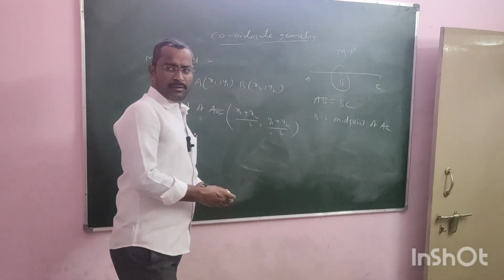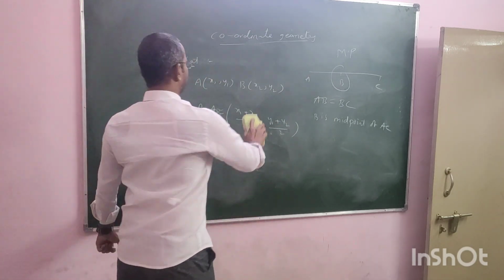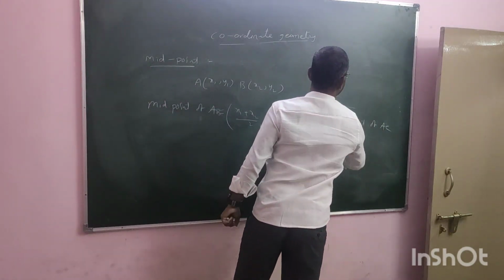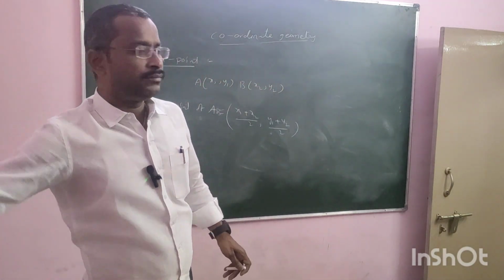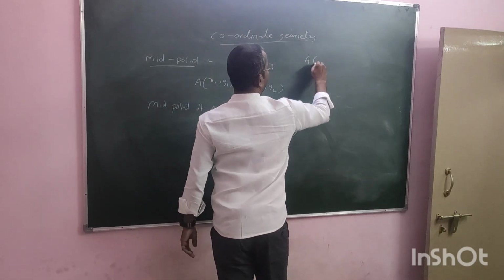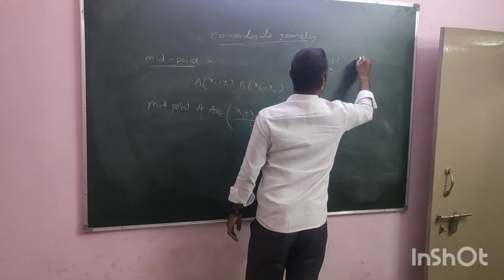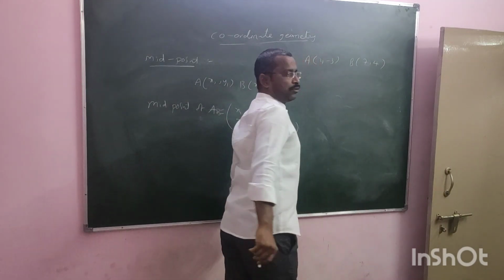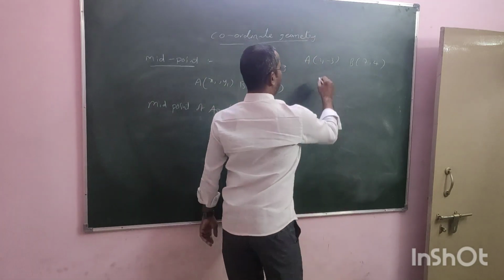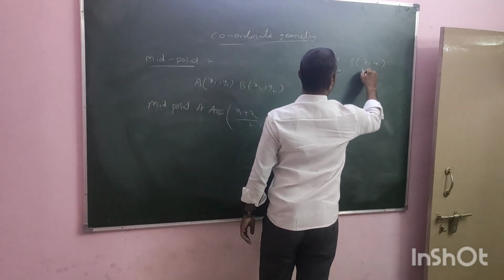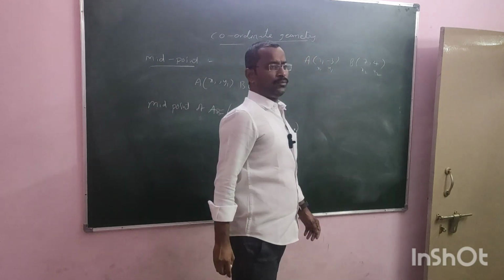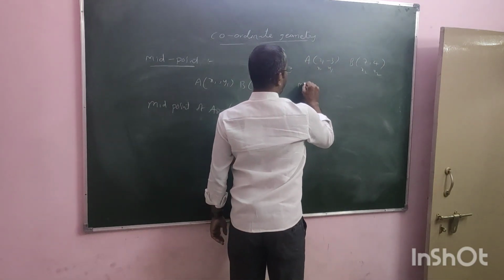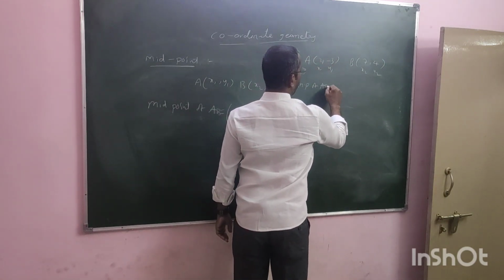To have an example, take A of 2 comma minus 3, B of 7 comma 4. Now, x1, y1, x2, y2. Say the midpoint of AB.